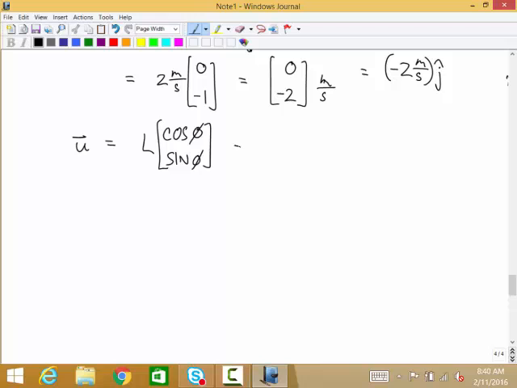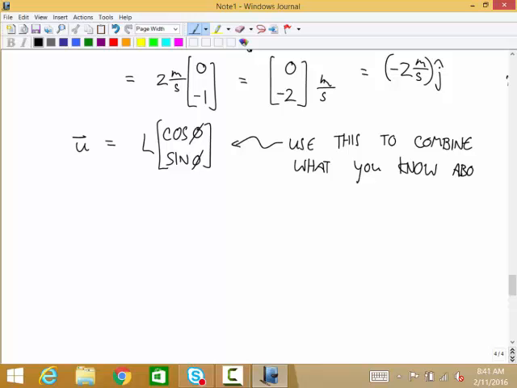So you're just going to use this to combine what you know about the magnitude and the direction to get vector components.